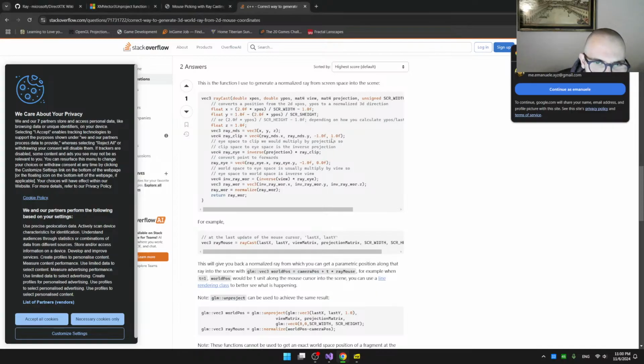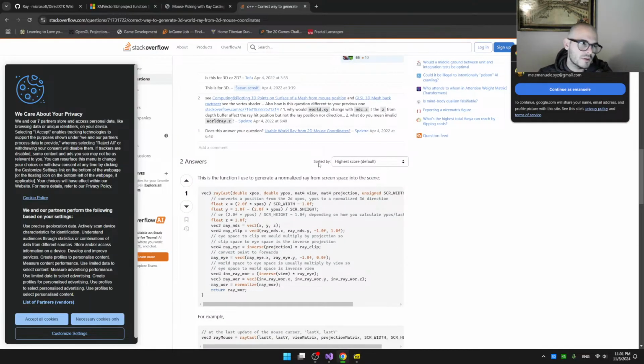Or we simply keep a 1. Why? Well, because we know for sure that our x, y, and z values are between minus w and w.